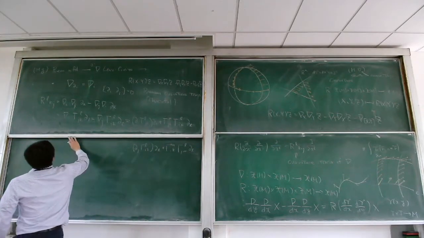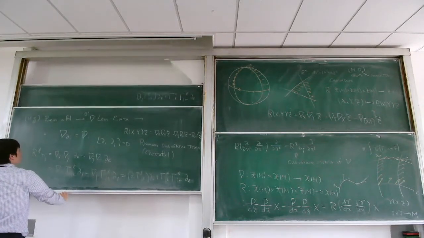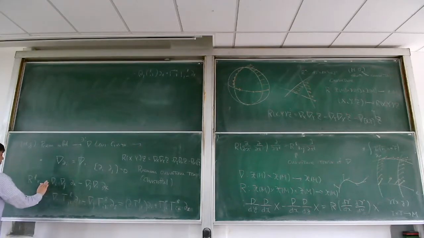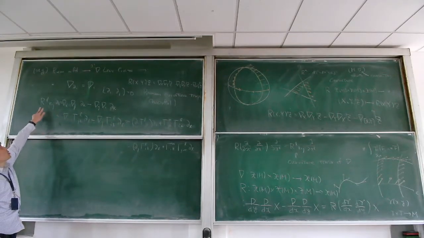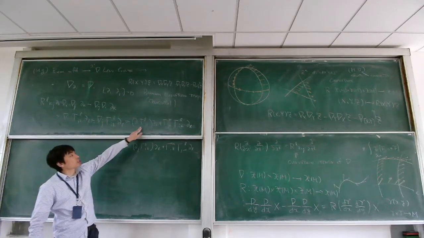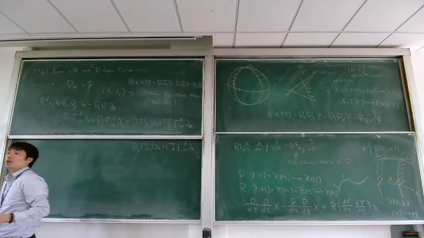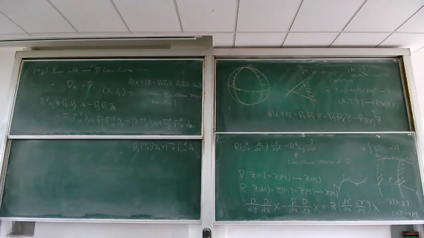So this is equal to... so you can just have an equation for R in terms of this Christoffel symbol. Okay. You understand? And that's written in lecture 2. Any questions so far?